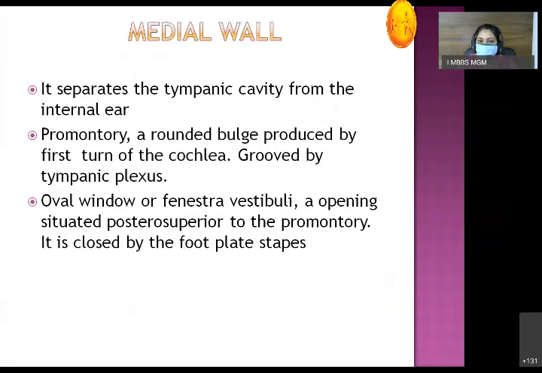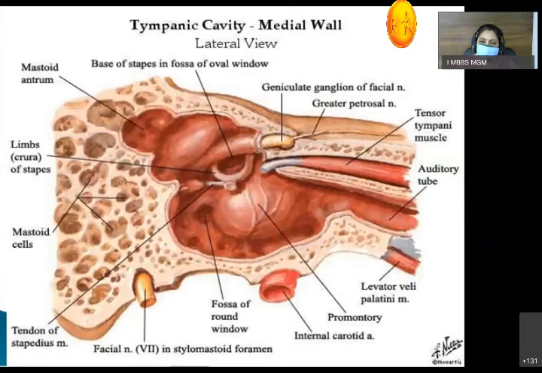As it separates the tympanic cavity from the inner ear, there is a bulge called the promontory, a rounded bulge which is produced by the first turn of the cochlea. So here you can see this is the rounded bulge, the promontory, which is produced by the first turn of the cochlea.